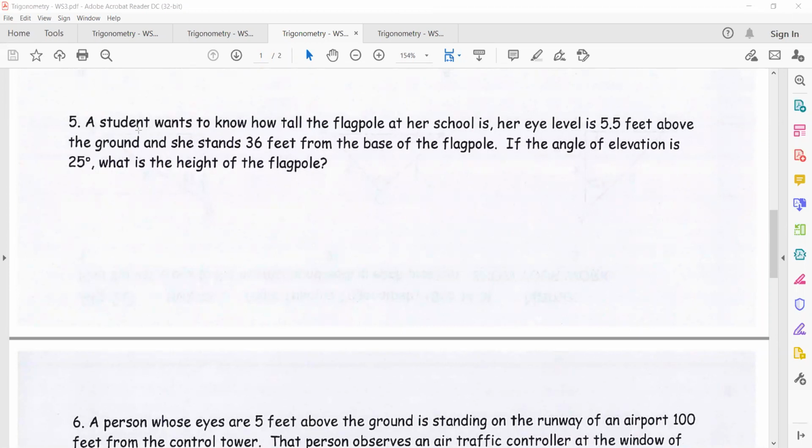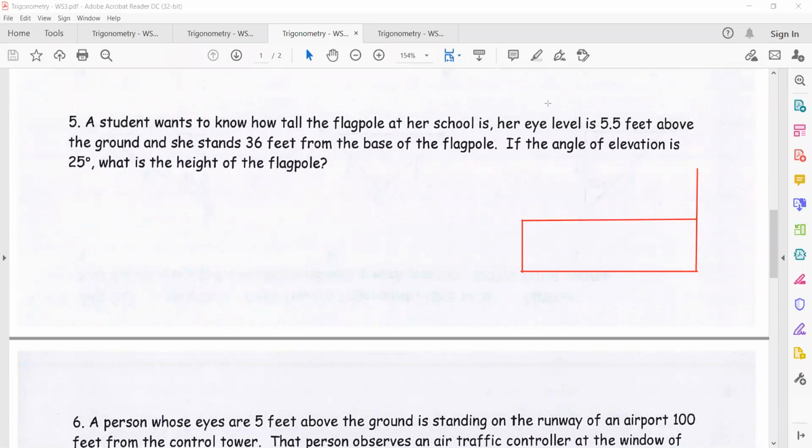The question says a student wants to know how tall the flagpole is at her school. Her eye level is 5.5 feet above the ground and she stands 36 feet from the base of the flagpole. If the angle of elevation is 25 degrees, what is the height of the flagpole? Suppose this is the flagpole and this is the ground, and here is the student standing. Now I will draw a straight line from here to here.